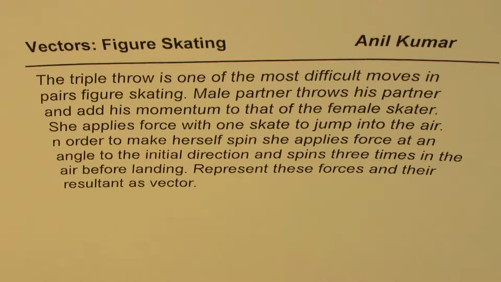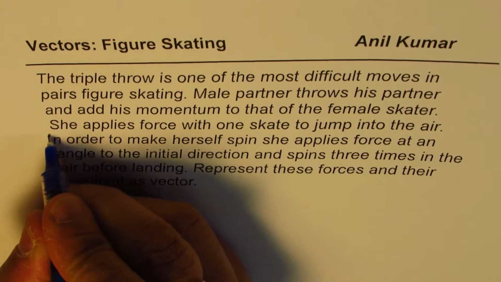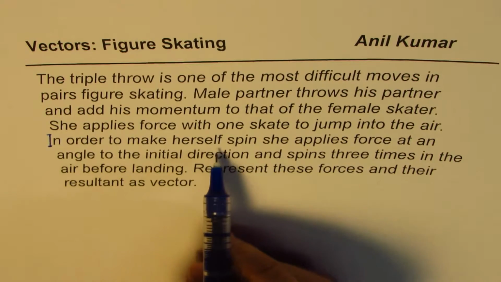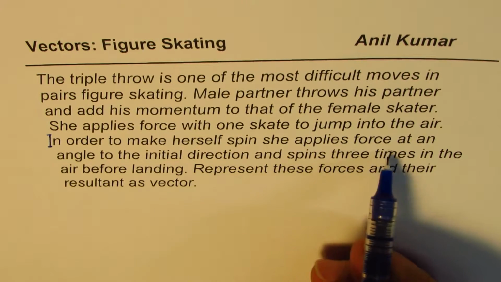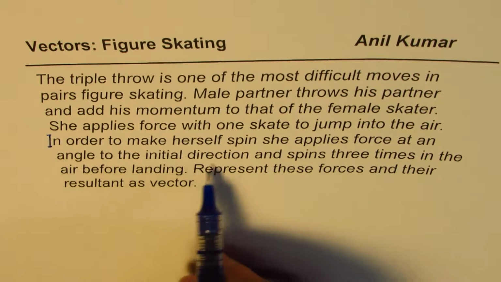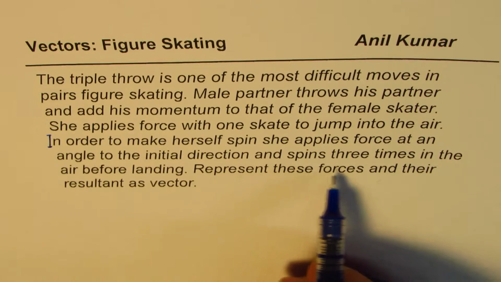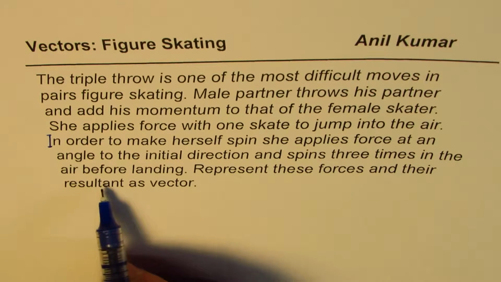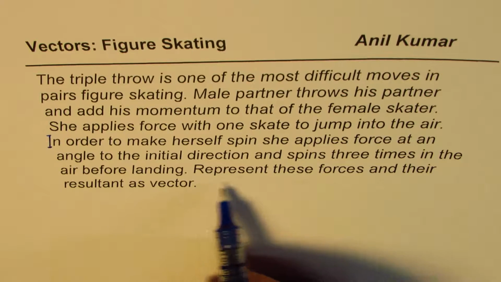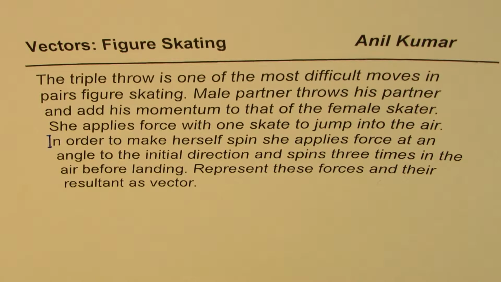In order to make herself spin, she applies force at an angle to the initial direction and spins 3 times in the air before landing. Represent these forces and their resultant as vectors.